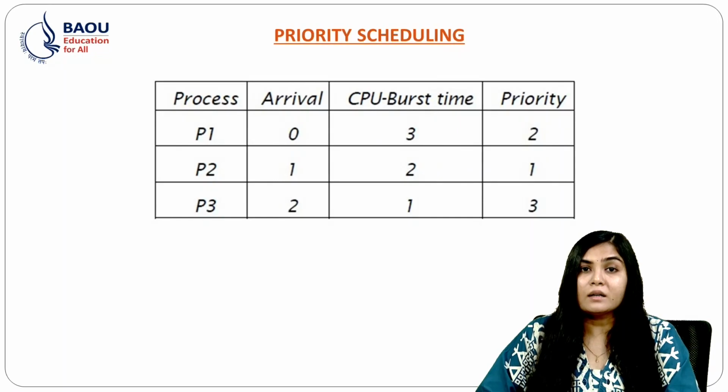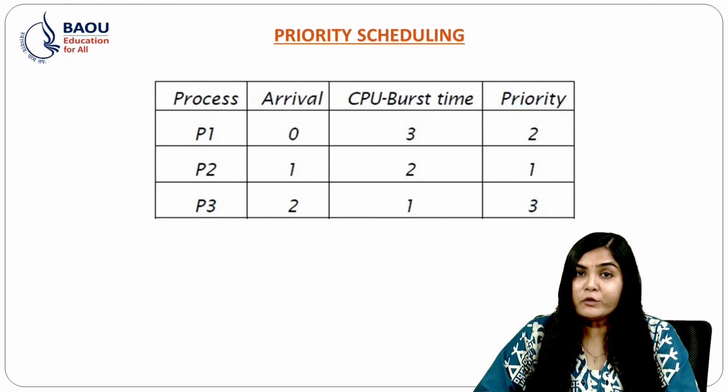As you can see, at time 0 only P1 has arrived in the ready queue with a burst time of 3 and priority 2. So what will the CPU do? The CPU will start P1 and do 1 second of the job of P1.